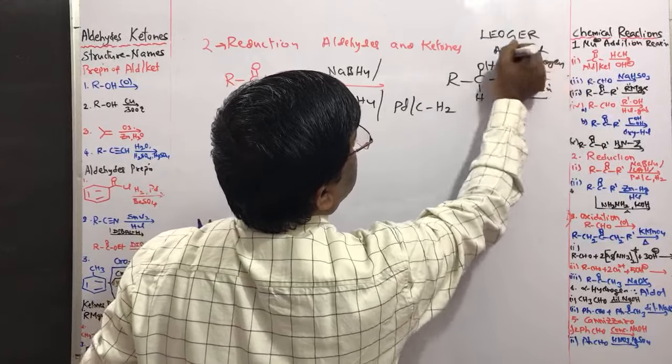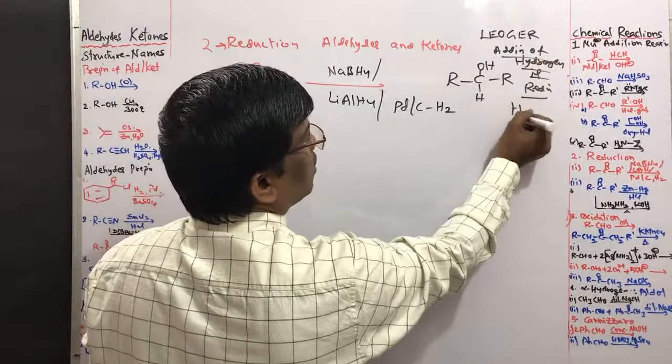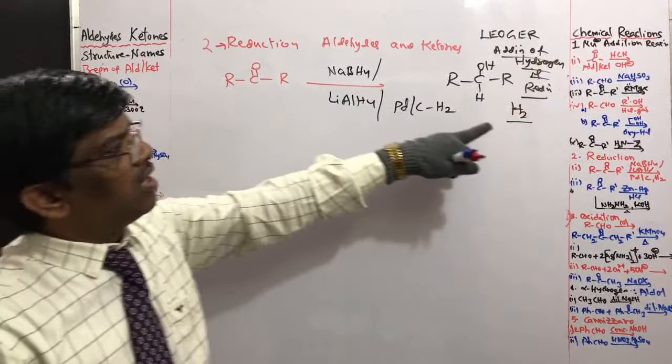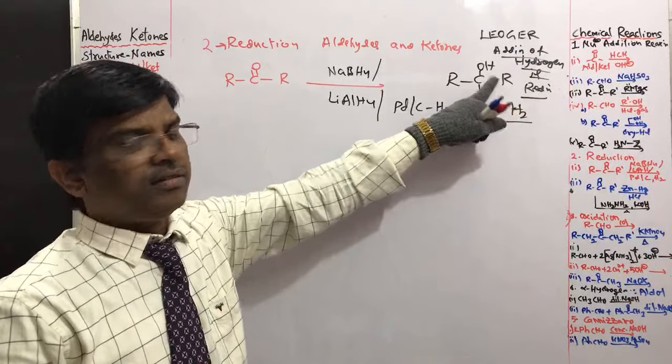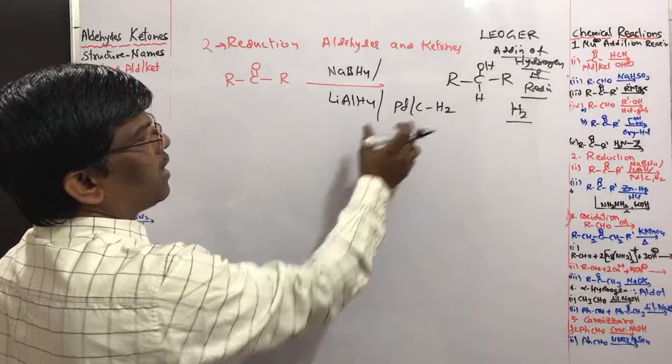So stick to this reduction step. We are adding hydrogen, H2, to the ketone or aldehyde to give this alcohol, using sodium borohydride, lithium aluminum hydride, or palladium on carbon with hydrogen.